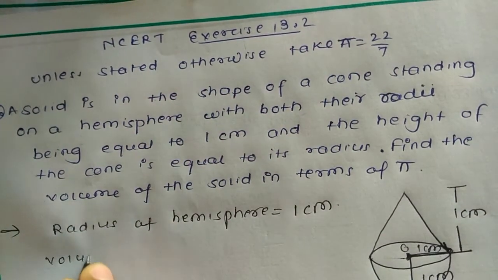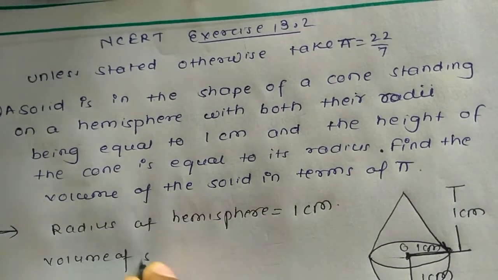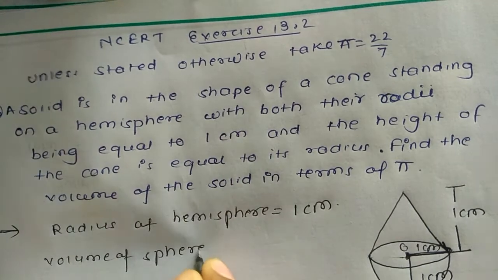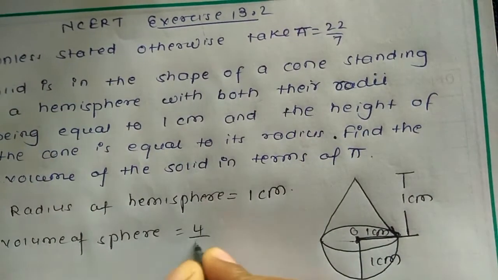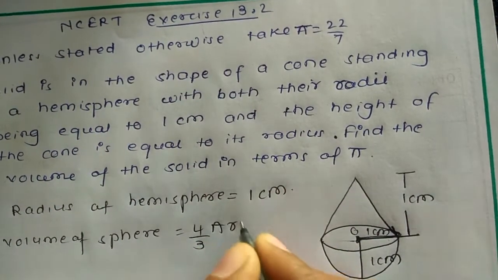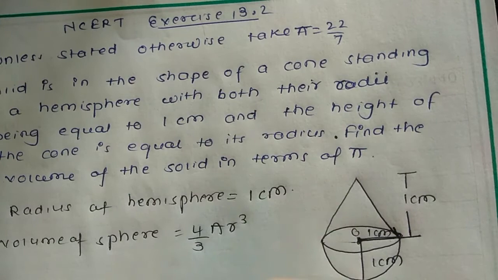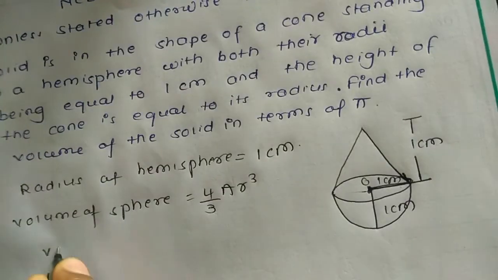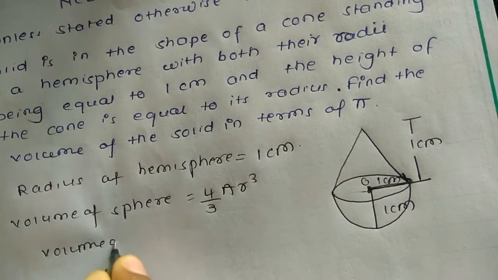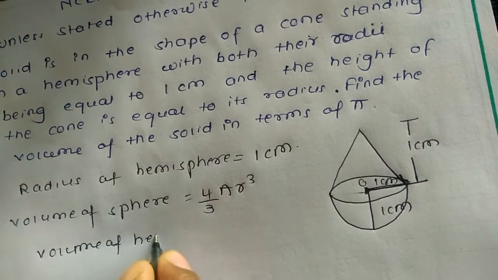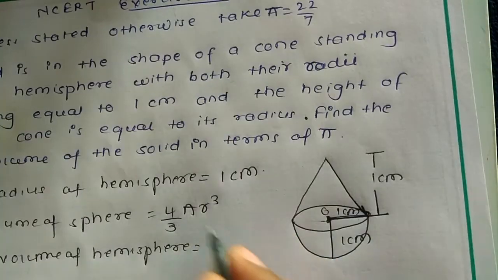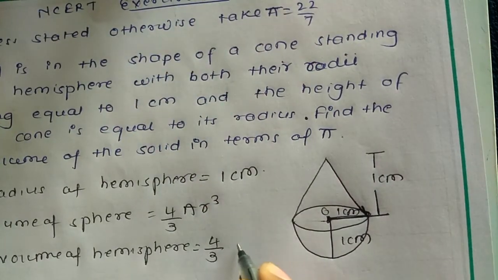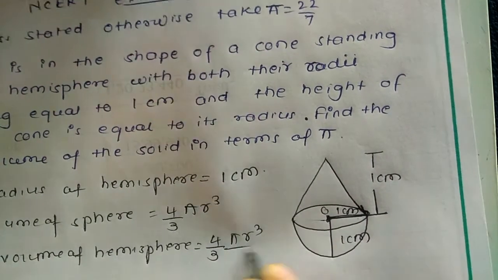Let us see the volume of a sphere. There is no need to separately memorize the formula. Volume of hemisphere: we know the volume of a sphere is 4 by 3 pi r cube, so just divide it by 2 because we have a hemisphere. So volume of hemisphere is 4 by 3 pi r cube divided by 2.